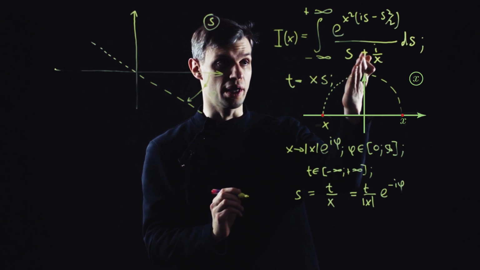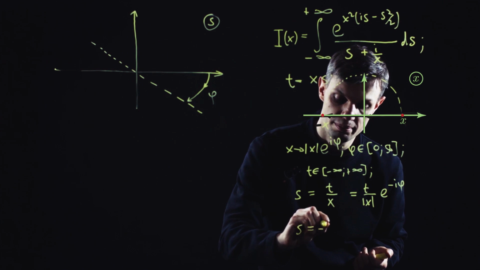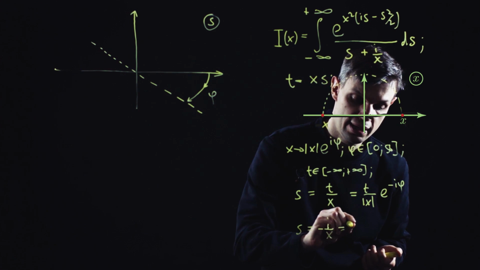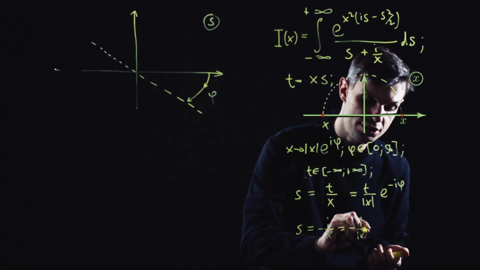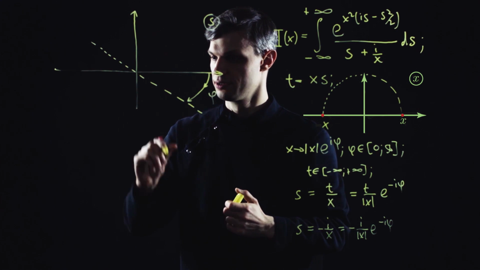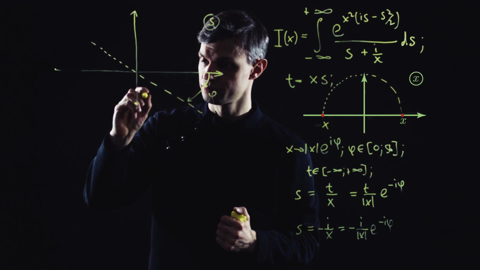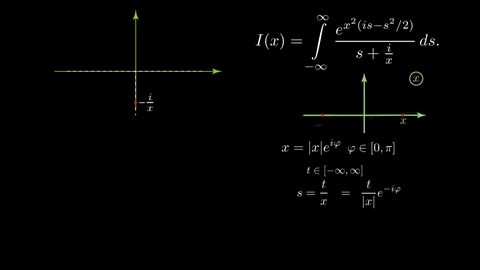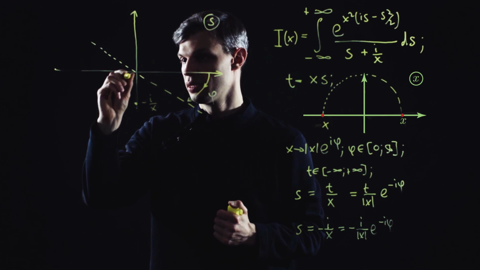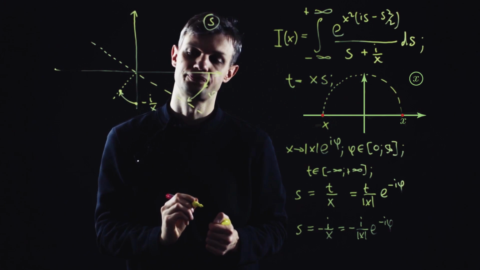In a quite synchronic way rotates the position of the pole, because the position of the pole is given by -i over x. As a result, it also rotates by phi angle in the clockwise direction. So this is the initial position of the pole. This is how it rotates.